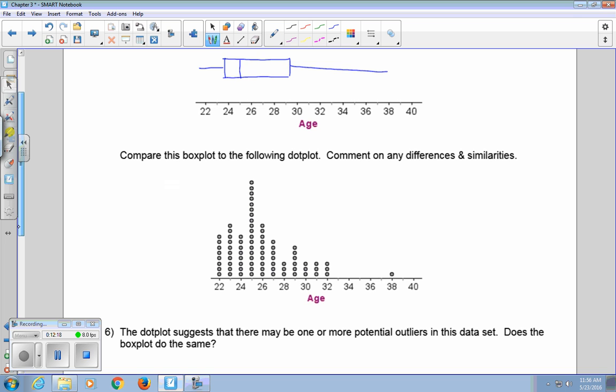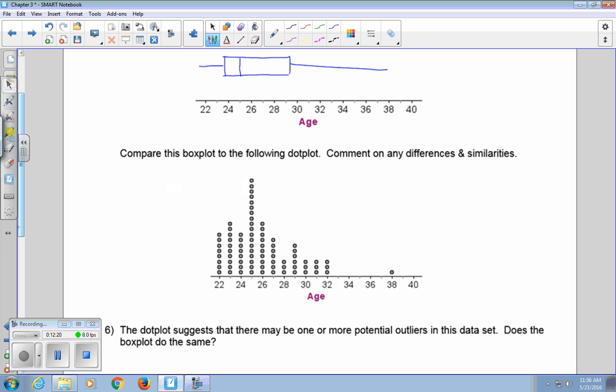Compare the box plot to the following dot plot and comment on any differences and similarities. So here is a dot plot of the same information, and again you can't tell exactly what's going on in the box plot because we don't have the actual data points the way we do here.